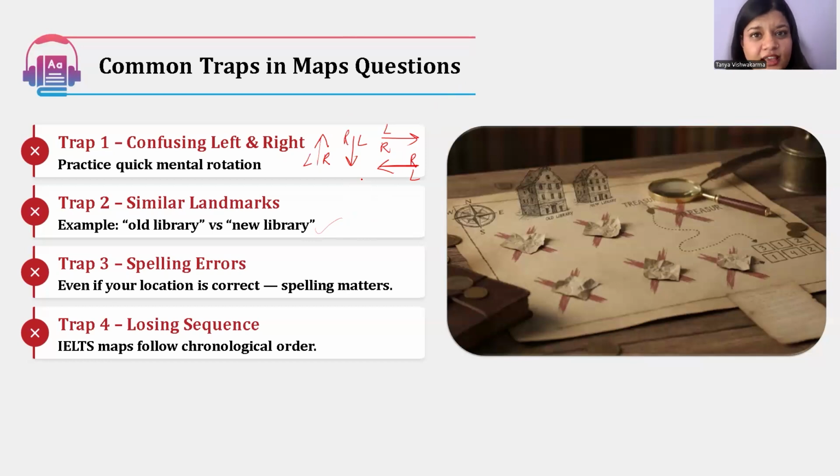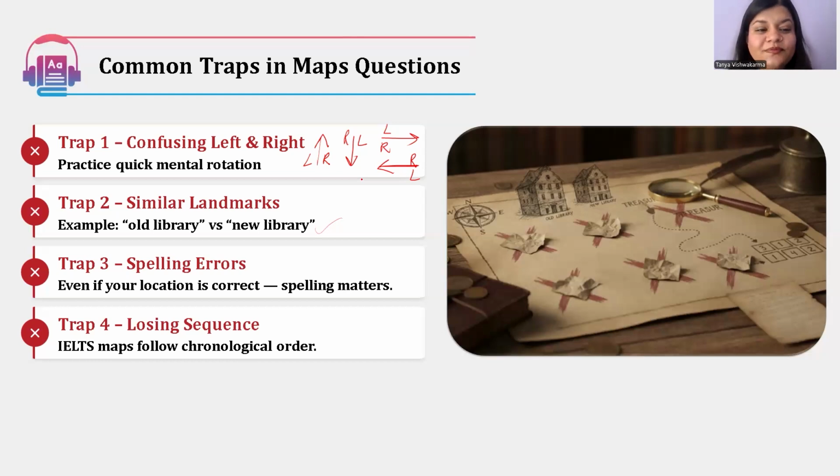On the left-hand side, you'll find the new library. We also had an old library over here. Now, which one are you going to mark? The answer will be new library, because they used to have an older one before, not now. So always remember the change in the statement; a minor change in the statement can lead you to a wrong answer, even if you know the right one.